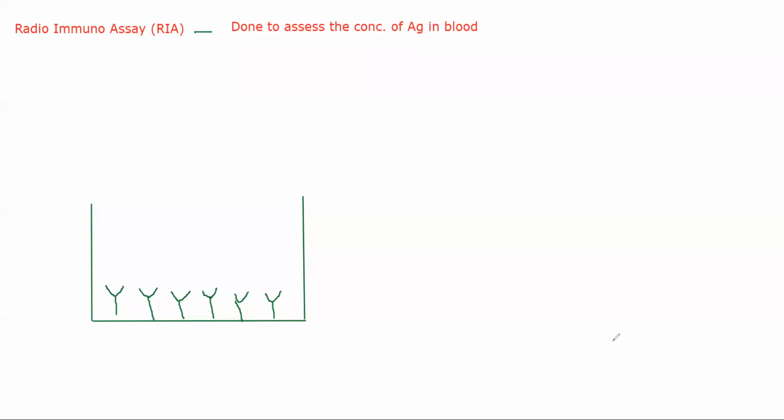I'm taking one particular antigen and I'll attach the antibody to that well, and I'll take radioactive antigen. It will be coated with either tritium or iodine 131. Yeah, iodine 125, sorry.